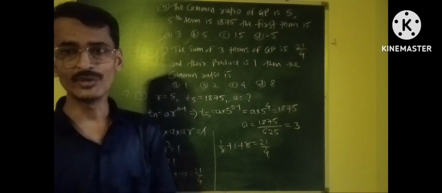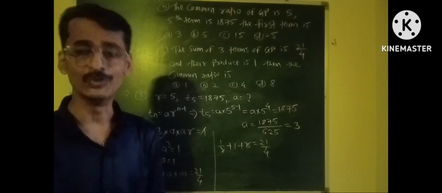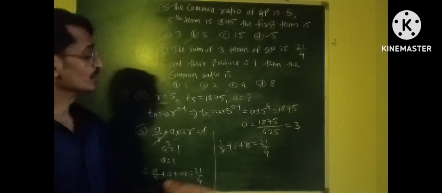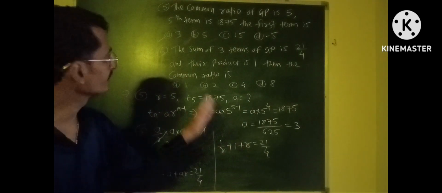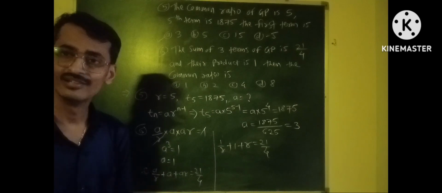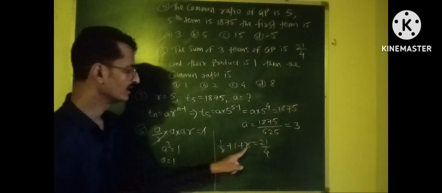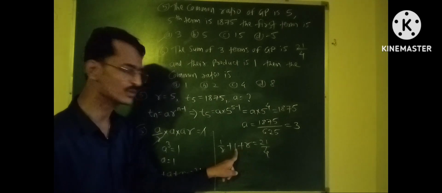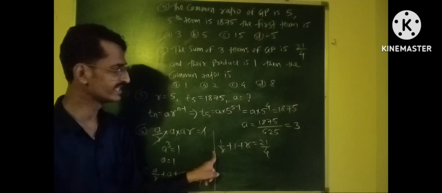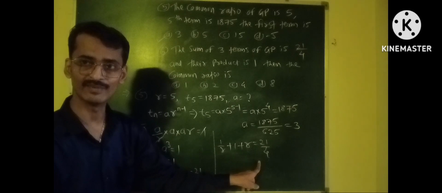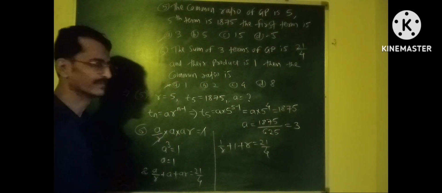Okay, so in theory we use that, but as this is an MCQ, there is an alternative method: check which of these values of r satisfies this. Like if r is 1, this is 1 plus 1 plus 1, which is 3, and that is not 21 by 4, so this is not the answer.